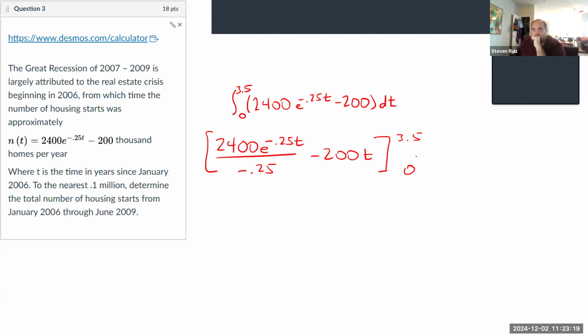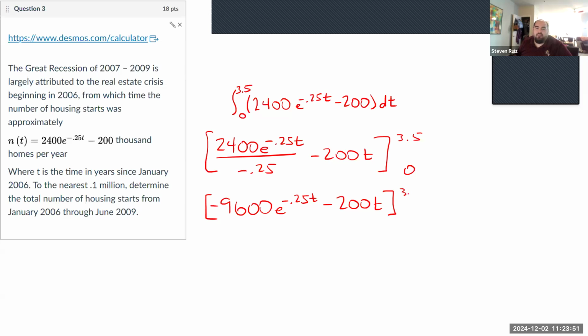Before I do that, I'm going to clean this up a little bit. 2400 divided by 0.25 is the same as multiplying it by 4. So 2400 times 4. So this becomes negative 9600 e to the negative 0.25t minus 200t.